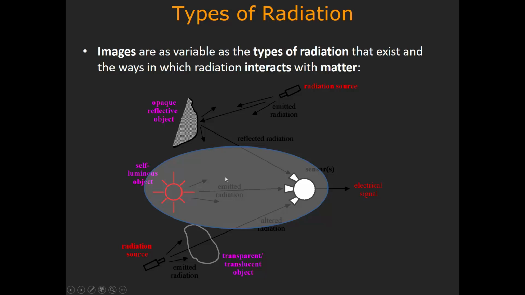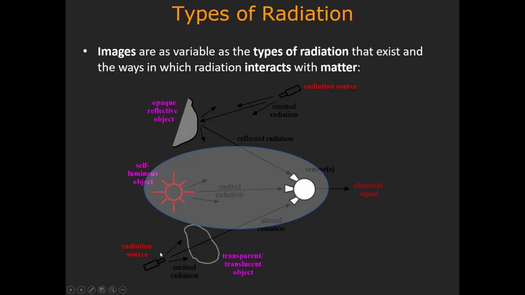Examples of emissive imaging are thermal imaging, magnetic resonance imaging and positron emission tomography. In thermal imaging, a special thermal camera is used in low light spectrum to produce images of an object based on temperature.